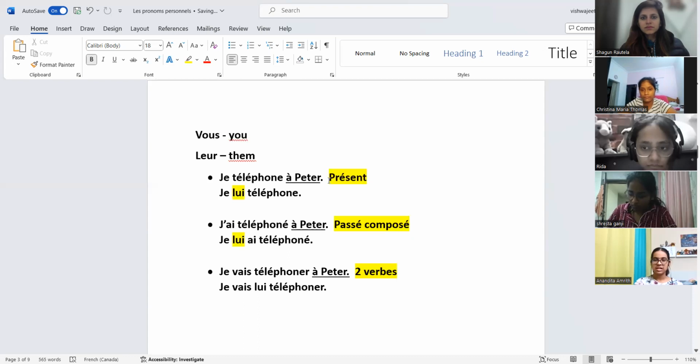Yeah, and there's no accord for this. In the third sentence, in the case of two verbs, again, you're replacing Peter, but lui comes in between the first and the second verb. Yeah, clear, everybody. Clear. Placement is just like COD, exactly same like COD.